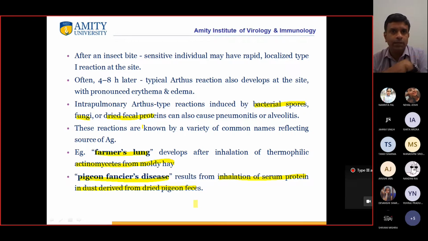In summer months, the feces will dry, and whenever there is wind, it will pick up the proteins in the feces and they will get into the room, and in the room you will inhale it. When those proteins get into your lungs, they can lead to pigeon fancier's disease. So basically it is a type 3 hypersensitivity reaction, the localized one in your lungs.